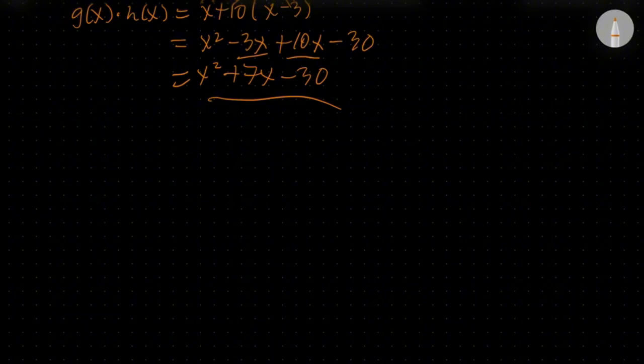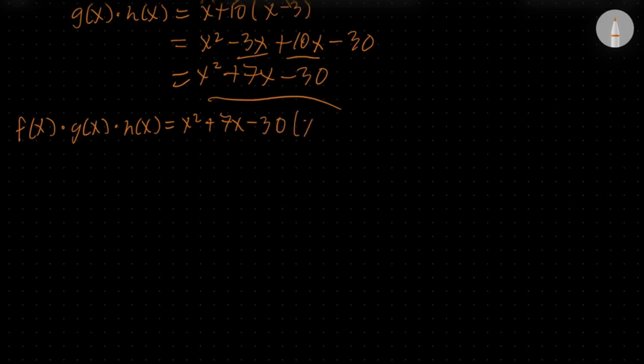Now for our last item, or letter D, we are gonna multiply f of x to g of x to h of x. F of x is x squared plus 7x minus 30, and g of x is x plus 10, and h of x is x minus 3.